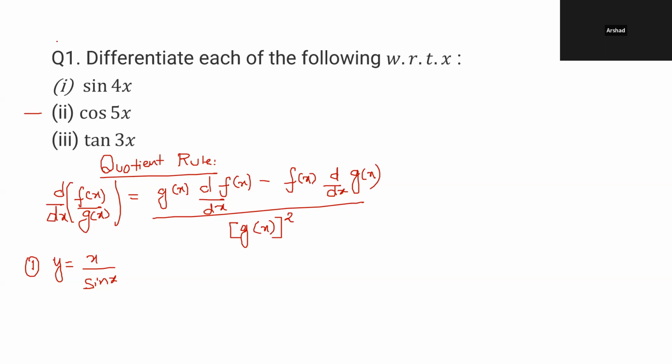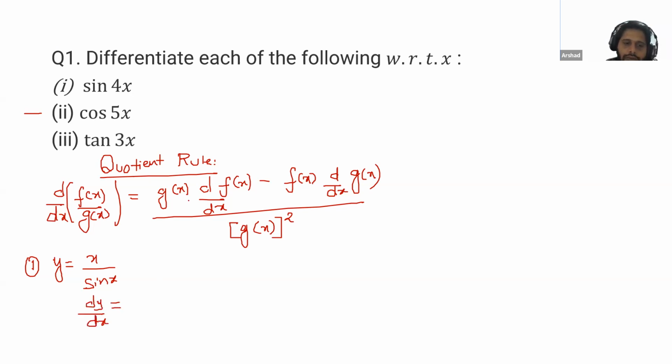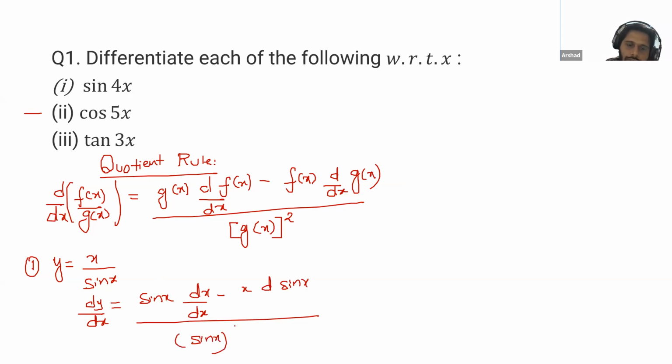Let me solve it. So dy by dx is equal to what? First of all, write the denominator. Denominator is sine x. Then differentiate the numerator, which is x, minus fx. Fx means the numerator, that is x. Differentiate the denominator, that is sine x, by denominator square, sine x whole square.